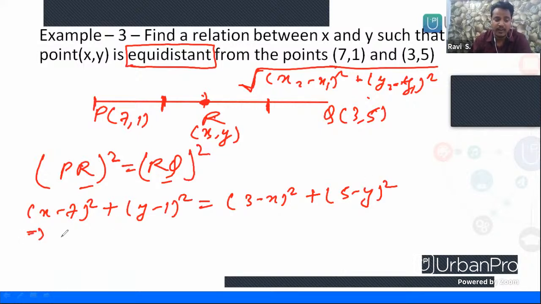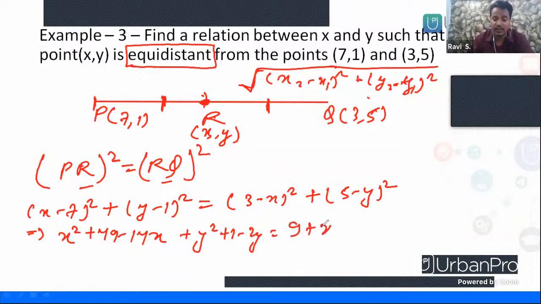Now solve it, guys. This will be x square plus 49 minus 14x, and y square plus 1 minus 2y. Here also, 9 plus x square minus 6x, and 25 plus y square minus 10y, correct? The x square and y square will be cancelled out.